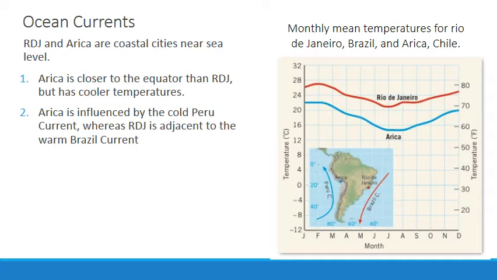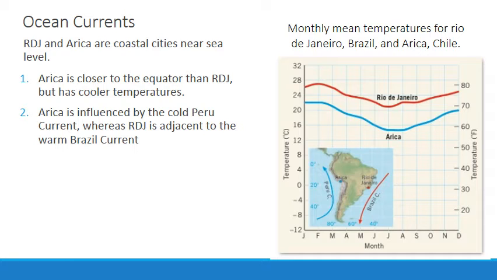Walvis Bay, which is at 23 degrees south latitude, is a town adjacent to the Benguela current. And it is 9 degrees Fahrenheit cooler in the summer than Durban, which is 6 degrees latitude farther poleward, but on the eastern side of South Africa.